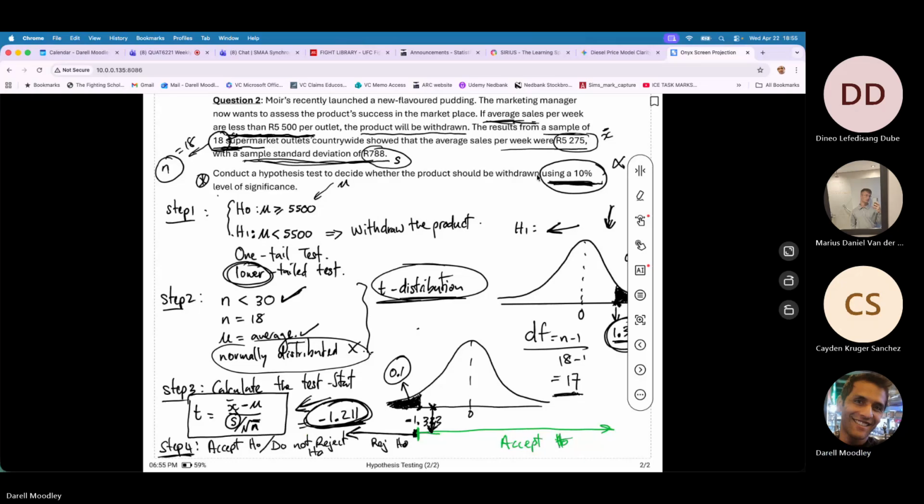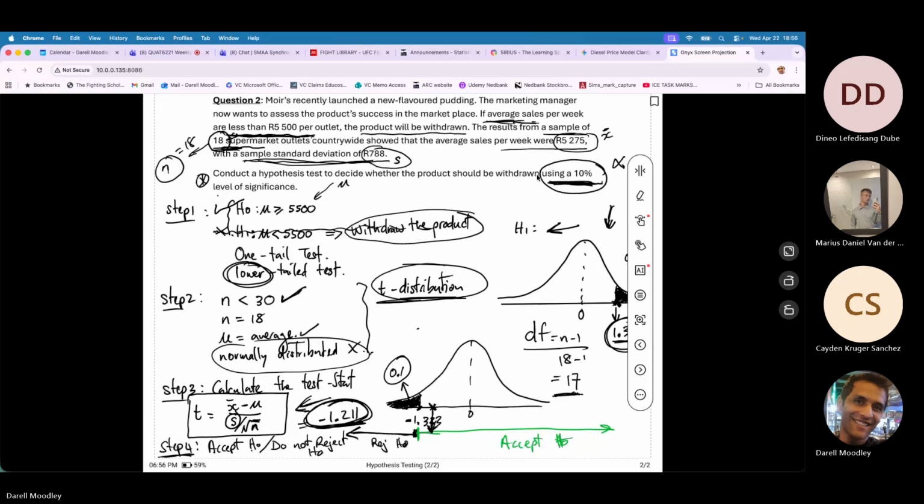All right. Now that we know from step 4 that we are accepting H naught, it means we accept this, and we refuse to accept the alternative. Remember, we were only going to withdraw the product if it was less than 5,500.